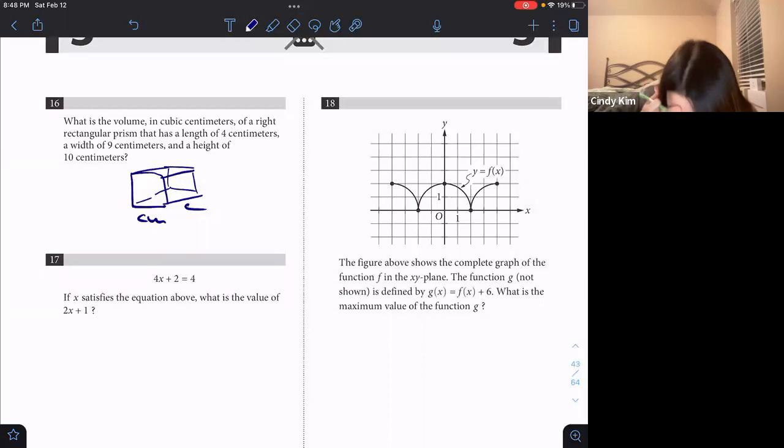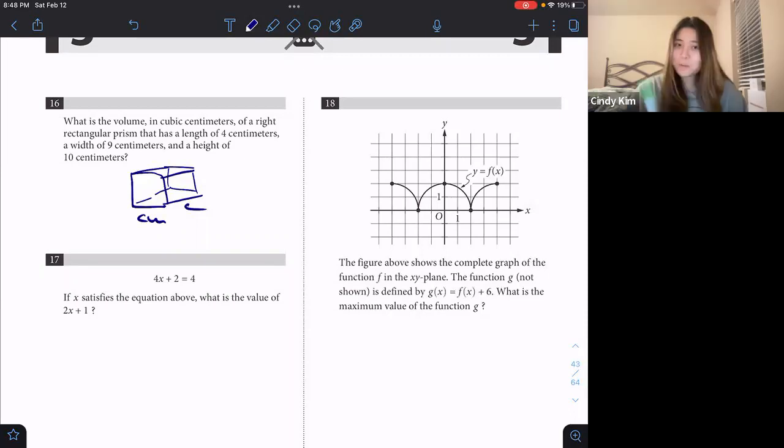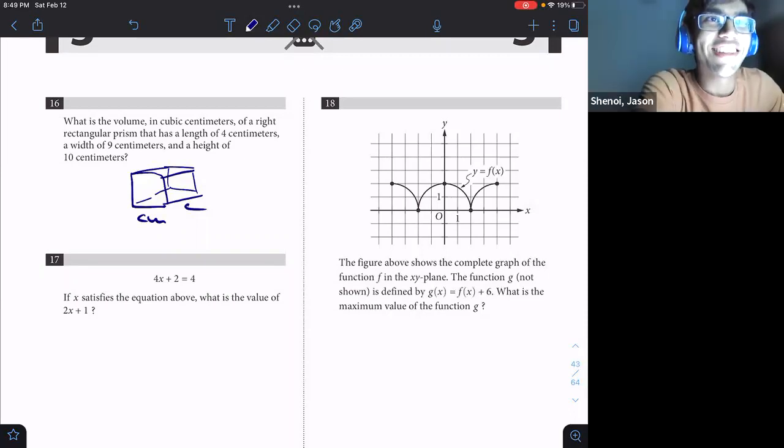Whenever you try to find the volume of something, remember that chart I told you to memorize? I don't think you did. But I know how to solve the problem. Okay, how do you solve it?